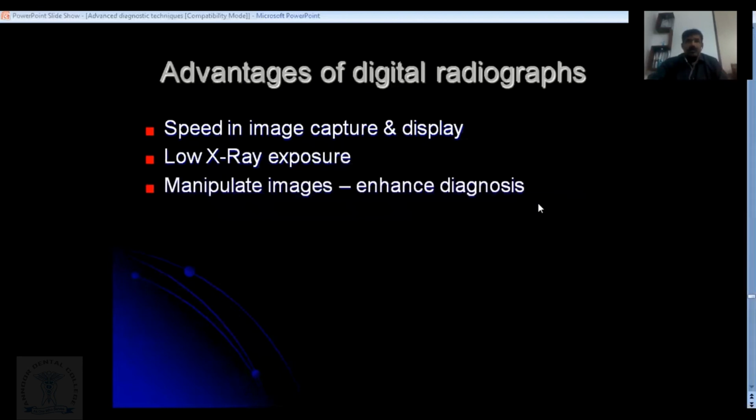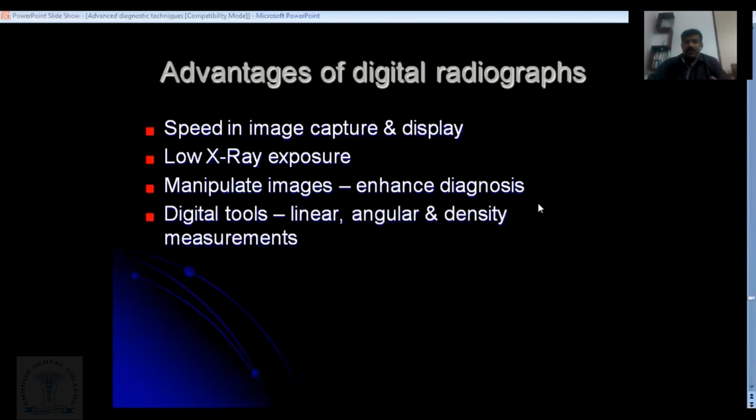As I told you, you can manipulate the images, shorten it, elongate it, change the density, the color, the intensity. You can actually make measurements. You have digital tools by which linear, angular, and density measurements may be done.